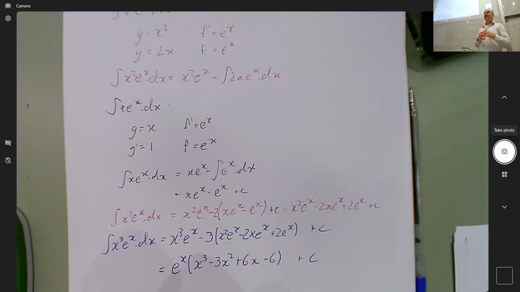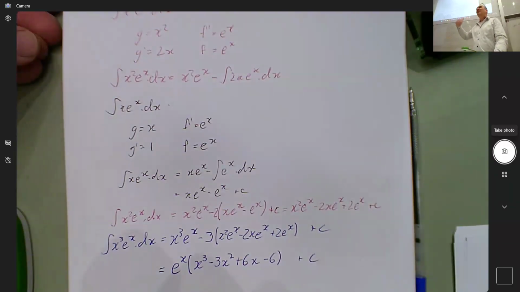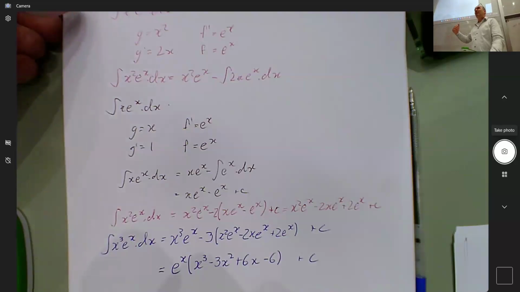So sometimes if I see a trig function in there, I go, maybe I have to do it by parts twice. I half expected to have to do it twice, to be honest. For that first example, I knew exactly what was going to happen, because I've seen it before. But you see that polynomial, you go, I don't know what that integral is, but I can simplify it. I can simplify it again.